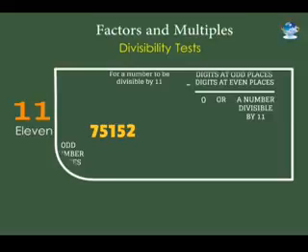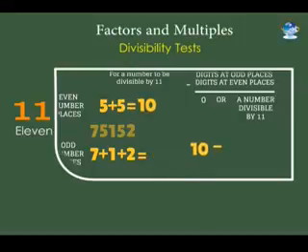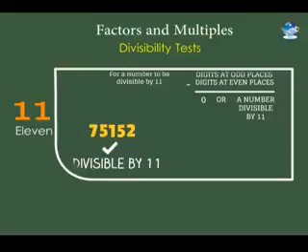The sum of digits in odd number places is 2 plus 1 plus 7, which is 10. The sum of digits at even number places is 5 plus 5, which again is 10. The difference is 0. And so the number 75,152 is divisible by 11.